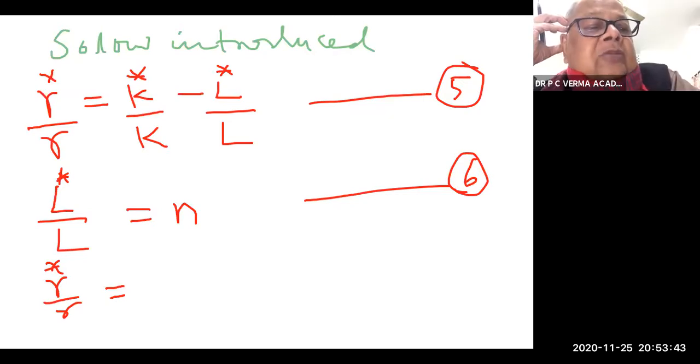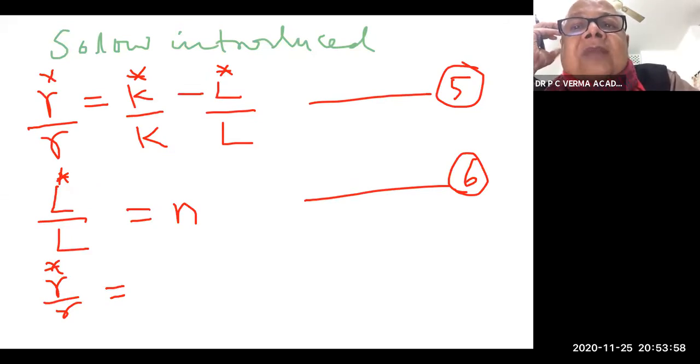Now this equation will turn into his final equation, the first equation which we saw earlier at the starting point. That is the main equation. We are now only reaching that point.